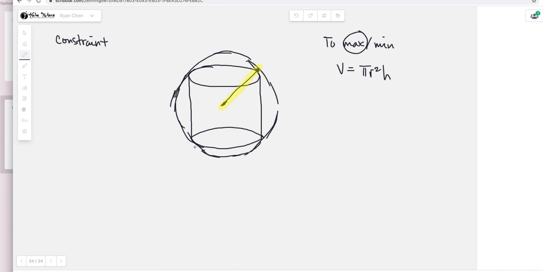If the cylinder is properly inscribed in the sphere, they should be touching at this spot right there. And the sphere also is a three-dimensional shape, so it has a radius of sorts like this. Well, it has what's called a great circle inside it, which is this here. And I just drew it, but I'll draw it over.